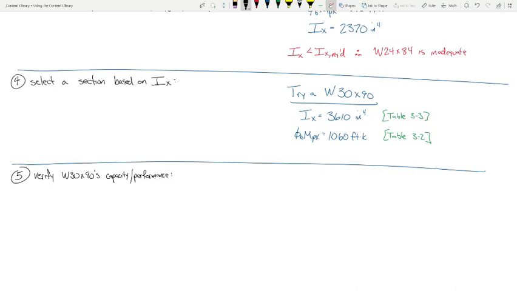It's heavier than the 50 pounds per foot that we assumed. So the wD, remember the wD was 1.2 kips per foot, and now the self weight is 90 pounds per foot, or 0.09 kips per foot.